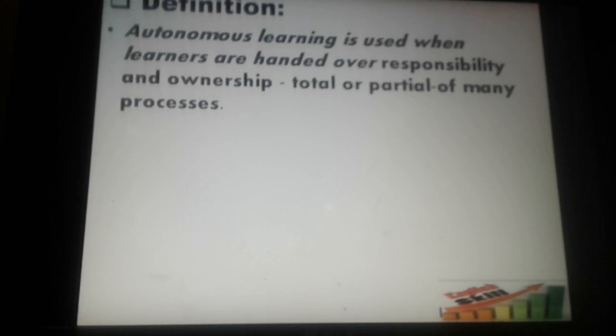The first definition: autonomous learning is used when learners are handed over responsibility and ownership, total or partial, of many processes. So students should not be just an audience, they should take responsibility of some of the learning process.